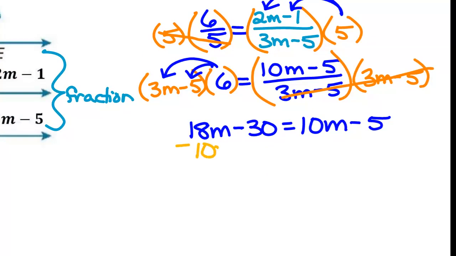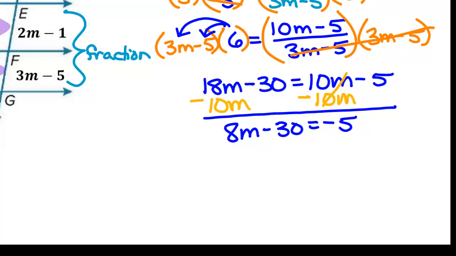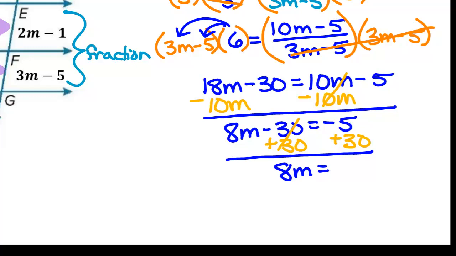I get my m's to the same side next by subtracting 10m from both sides. So I have 8m minus 30 equals negative 5. Add 30 to both sides. What is negative 5 plus 30? 25.